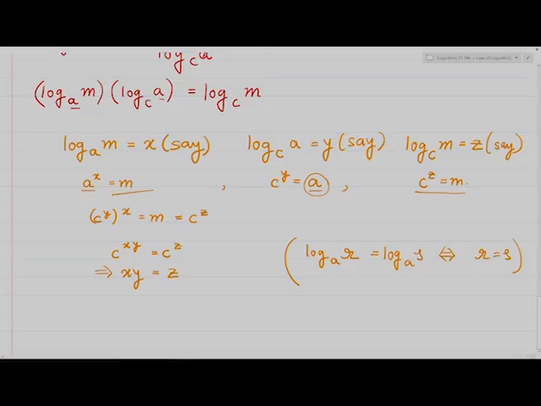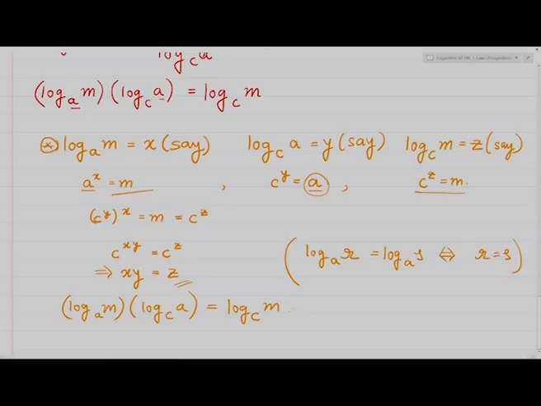Now, let us go back and see what is xy. x is, I am substituting from here, x is log to the base a of m. Let us give brackets, so that then log to the base c of a, which is also equal to, according to this expression, log to the base c of m, isn't it?